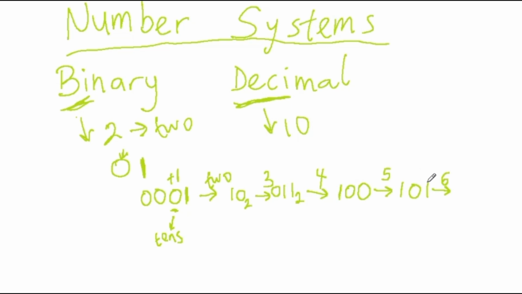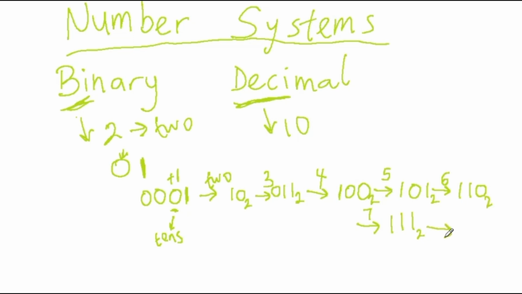And when this one increases to 1, any other digit that is less significant than it will start again from 0. So it becomes 1, 1, 0. And if we want to get our binary number 7, we're going to try to increase the lowest value here by 1. Can we do that? Yes, we can. So 7 becomes 1, 1, 1 in binary.